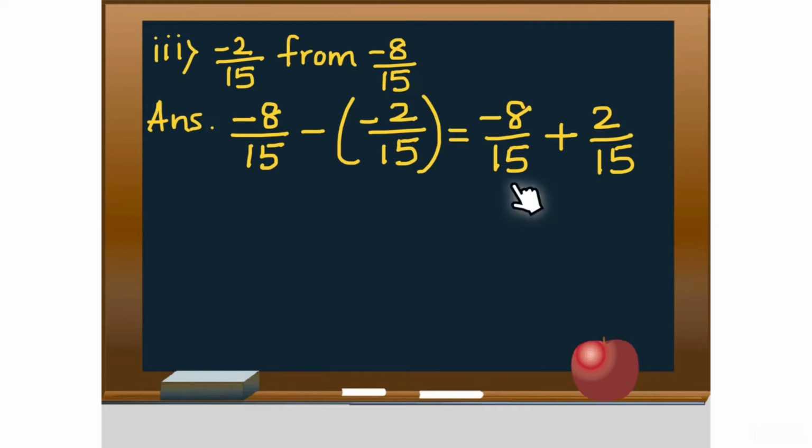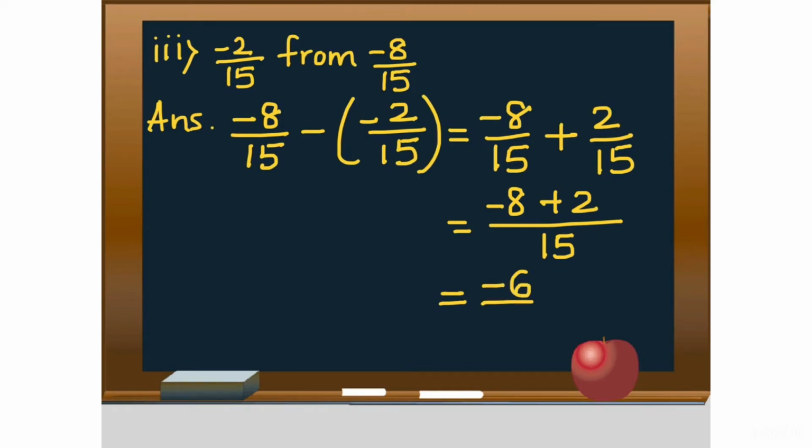Since we have the same denominators, we will take 15 as the common denominator and we will simplify the numerators. Minus 8 plus 2. This expression is equal to minus 8 plus 2 is equal to minus 6 by 15.